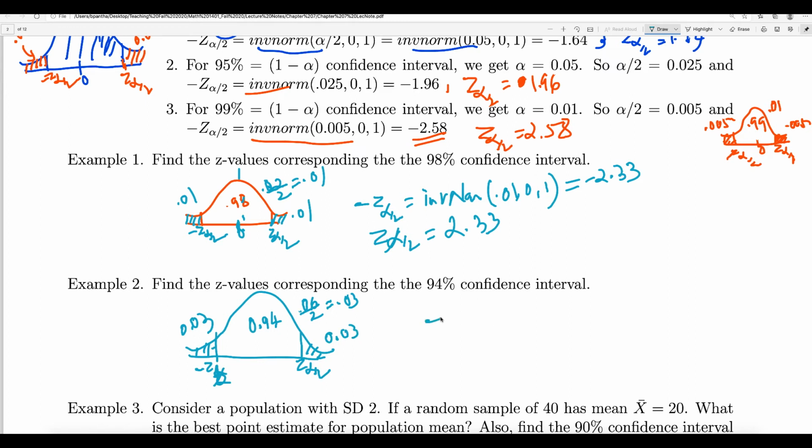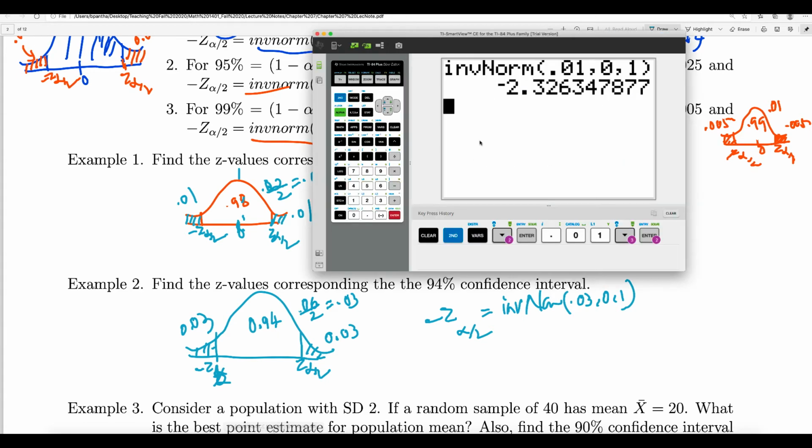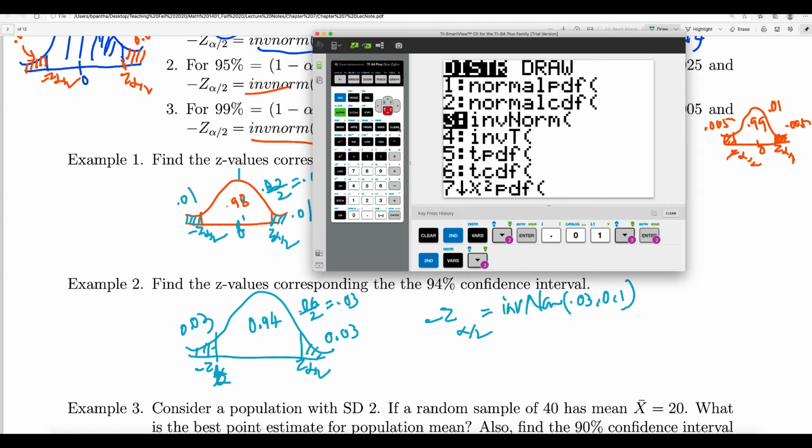So to find negative z alpha half, it is basically inverse norm. What is the area left of negative z alpha half? 0.03, and then 0, 1. Go to the calculator again, do second, vars, inverse norm, hit enter.